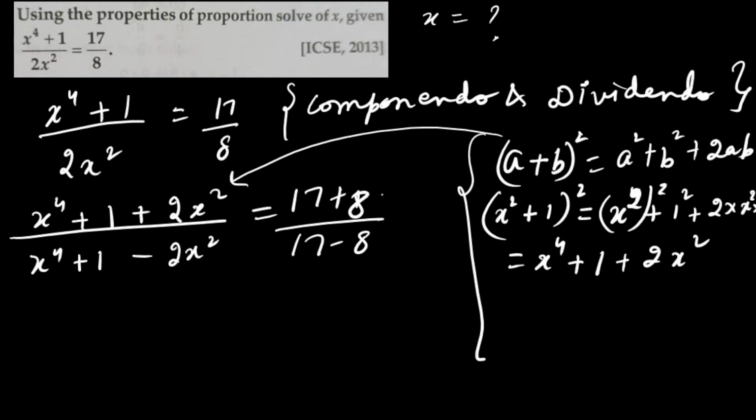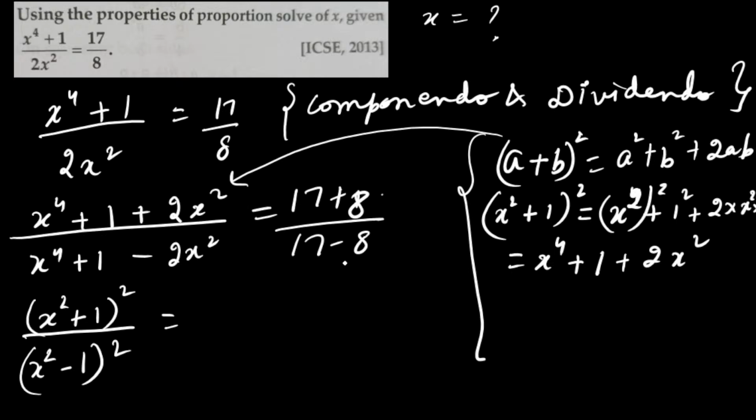We should use the identity. Yes, here we have to use the identity. I hope this is clear. So instead of this, I can write x square plus 1 whole square. So x to the power 4 and 1 gave us a hint that we have to use the identity. Same way in the denominator, because minus is there, this identity will be of subtraction: x square minus 1 whole square.